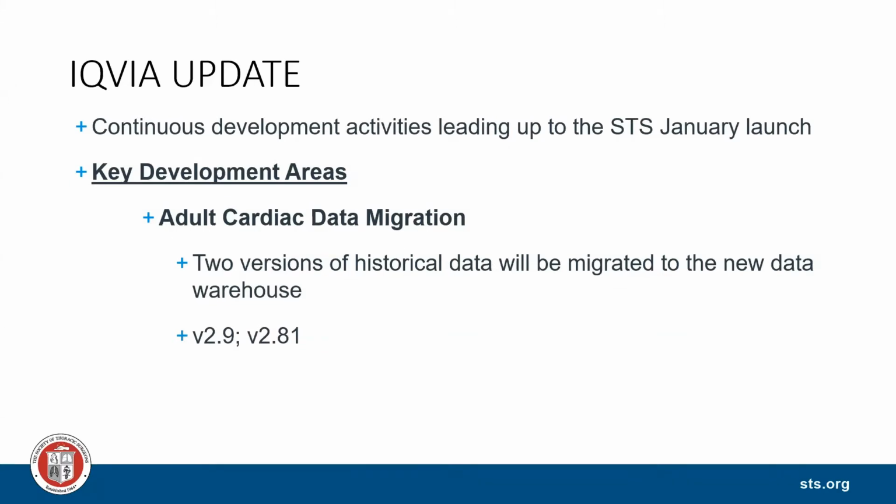Our key area of development for the adult cardiac is a data migration, focused on 2 versions of historical data: version 2.9 and version 2.81. That will be available once we launch for you to be able to see within the available reports. Okay, next slide.